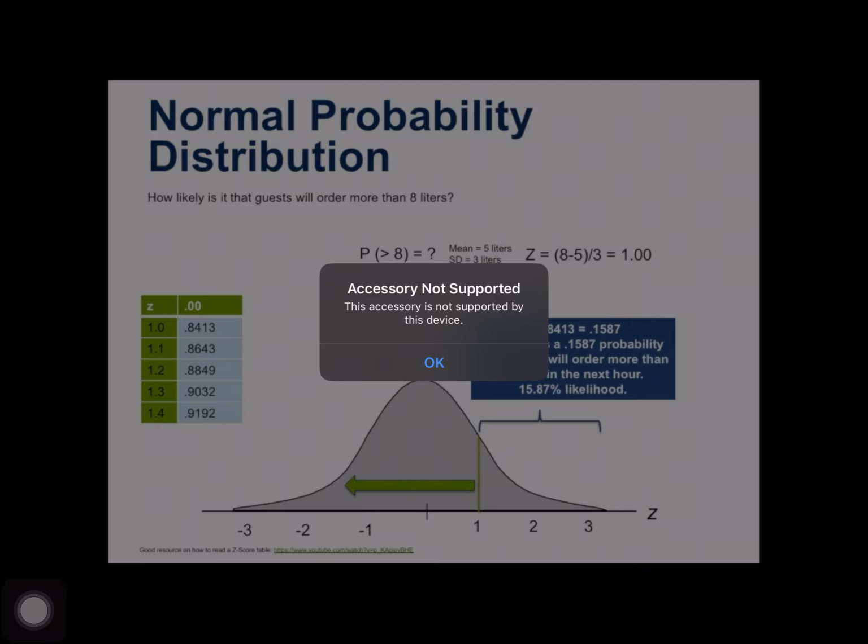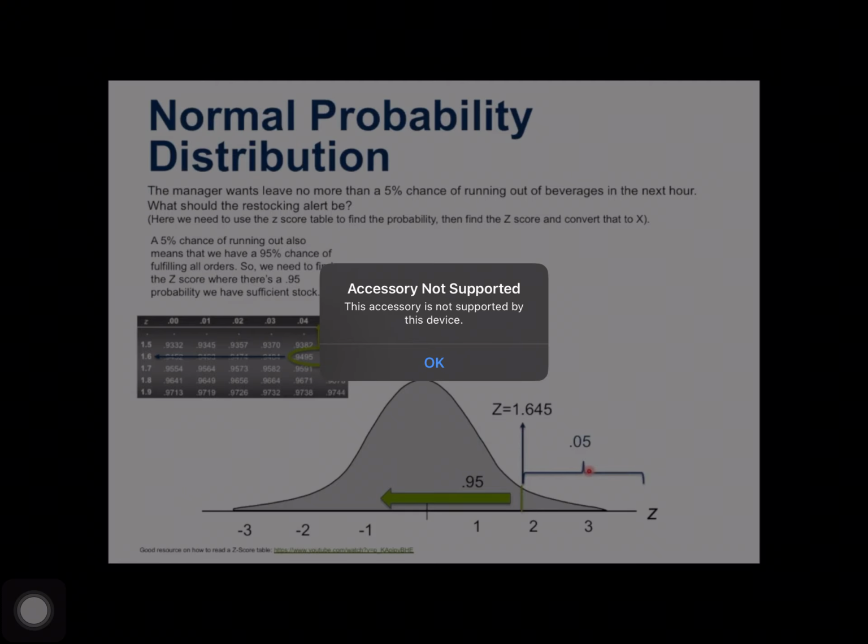We just need to take that out of 1, and we'll see the remainder is 0.1587. And that should look familiar, because we actually calculated that on the other end. And since it's symmetrical, many of you probably didn't even need to do this math. You could have just said it's going to be 0.1587, or 15% likelihood, that they're going to consume more than 8 liters in the next hour, and you would be correct.